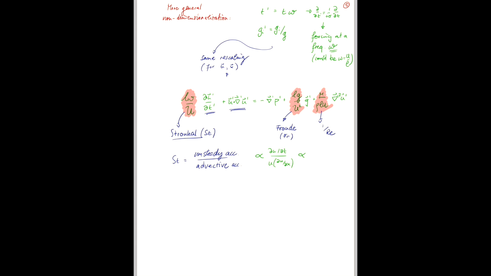So it scales as omega u over u squared over L, which is just omega L over u. So non-dimensional parameter, and when omega is u over L, as we had it in this case up here, then this term actually, the Strouhal number, goes to 1. And then you're only left with the Froude and the Reynolds number.